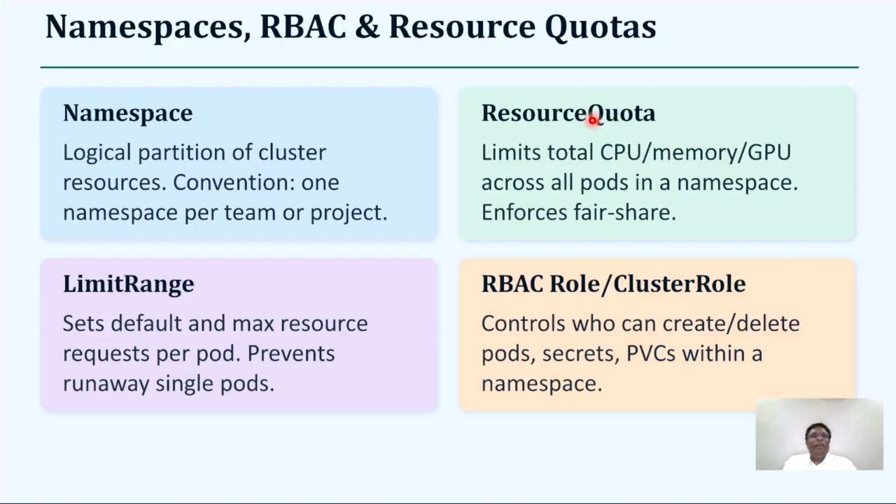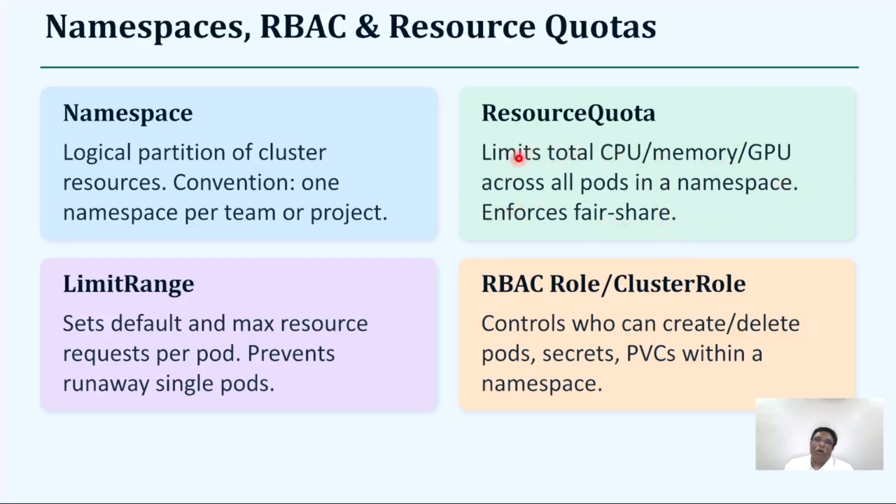And then there are these namespaces, resource quotas, and the RBAC role, the cluster role, and then the limit range. So namespace is the logical partition of a cluster resource. Okay, so convention is one namespace per team or project. So namespace you understand, right? Resource quota limits total CPU, memory, GPU across all pods in a namespace, and it ensures fair share.